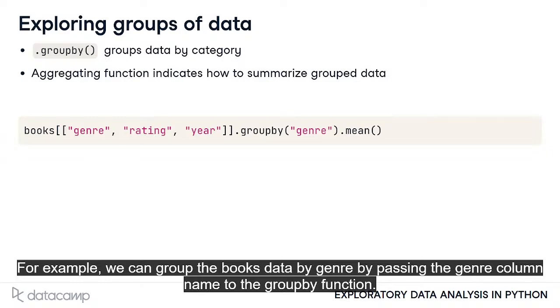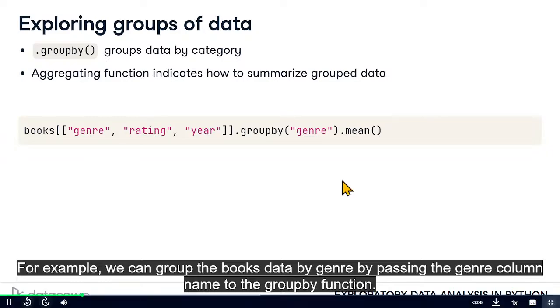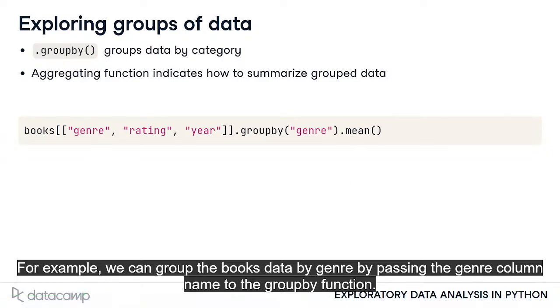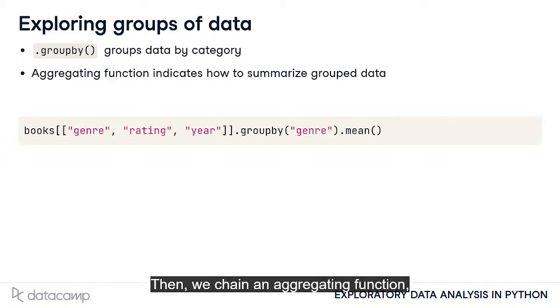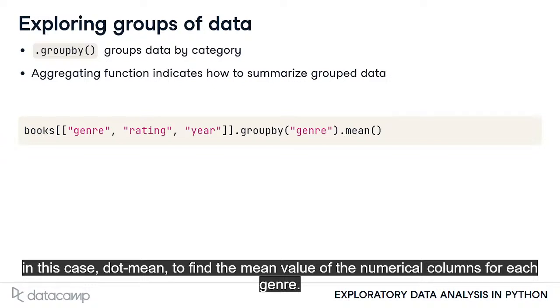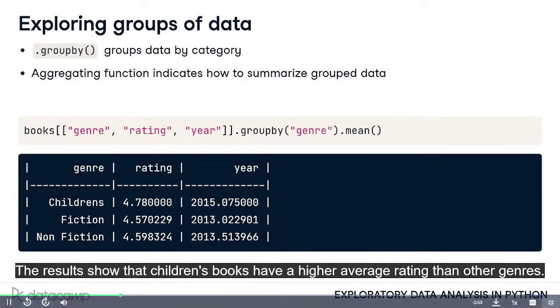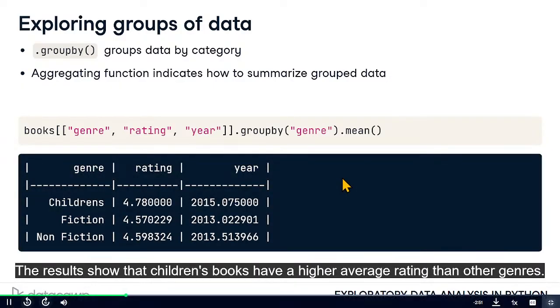For example, we can group the books data by genre by passing the genre column name to the groupby function. Then we chain an aggregating function, in this case .mean, to find the mean value of the numerical columns for each genre. The results show that children's books have a higher average rating than other genres.